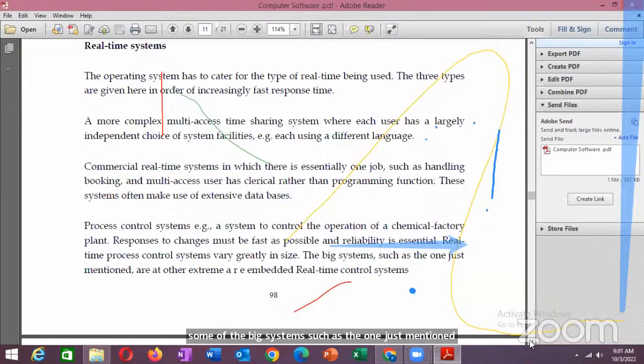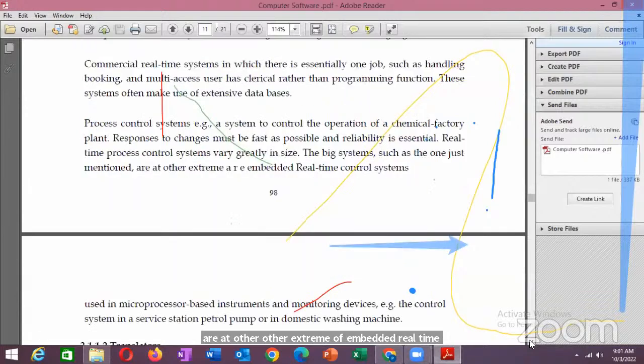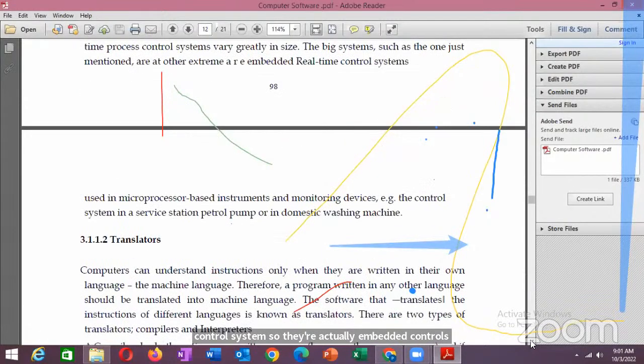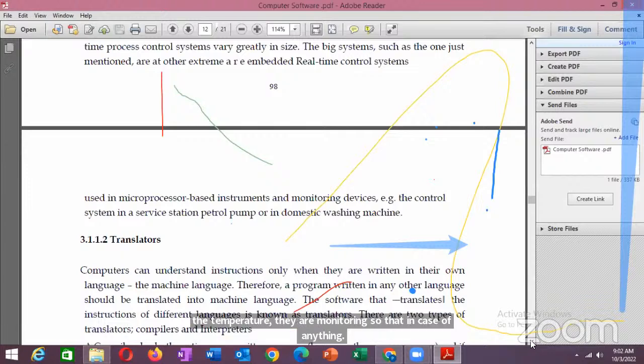These are used in microprocessor-based instruments and monitoring devices, e.g. the control system in a service station petrol pump, or in a domestic washing machine. Like most of the machines we have, they have electronics and embedded operating systems within them, and maybe they are monitoring the temperature so that, in case the temperature is above a certain point, it can communicate.